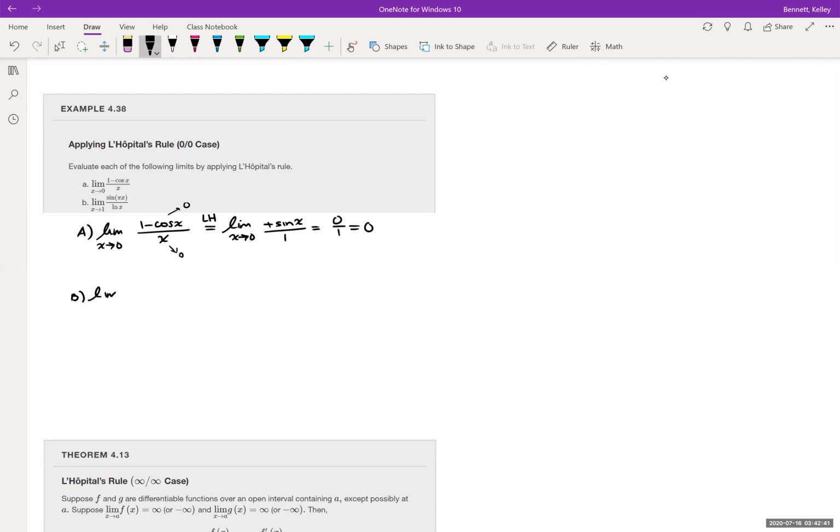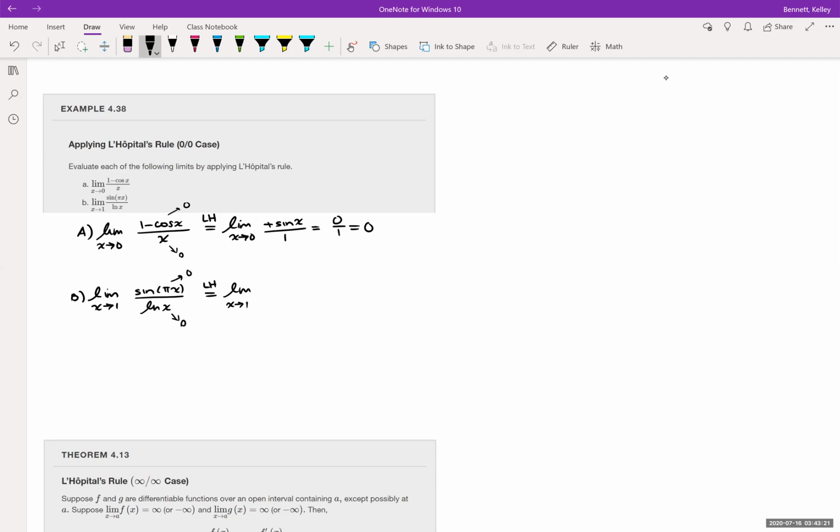With B, we follow the same process. As x approaches 1, sine of pi x will approach 0, and ln of x will also approach 0. So we are in position to use L'Hopital. Something I see that happens a lot with L'Hopital in terms of notation is that people forget to keep writing the limit notation. Even though we're applying L'Hopital, we still have a limit on the other side.